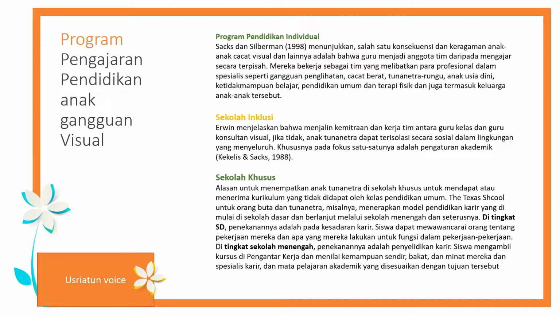Special school. Reason to place blind children in special school: to obtain or receive a curriculum that is not available in general education classes. The Texas School for the Blind and Visually Impaired, for example, applies a career education model that starts in elementary school and continues through secondary school and beyond. At the elementary level, the emphasis is on career awareness.